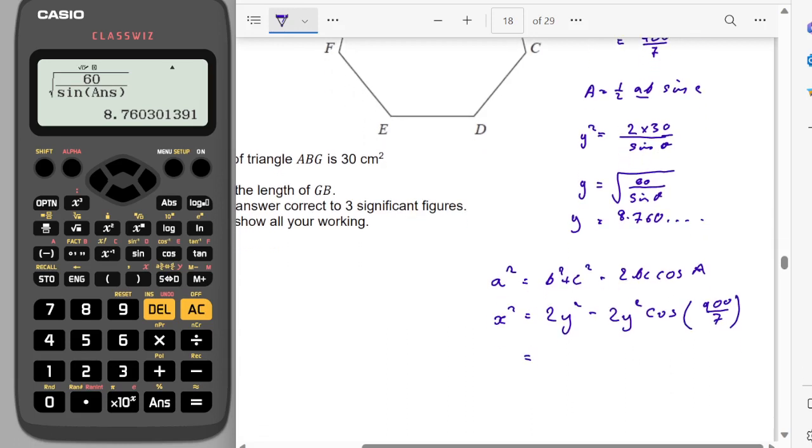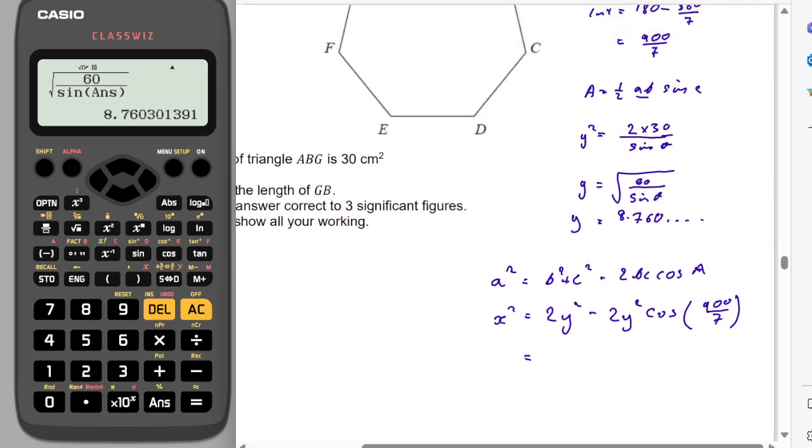Right, that's looking quite complicated, but yeah, we'll go with that.